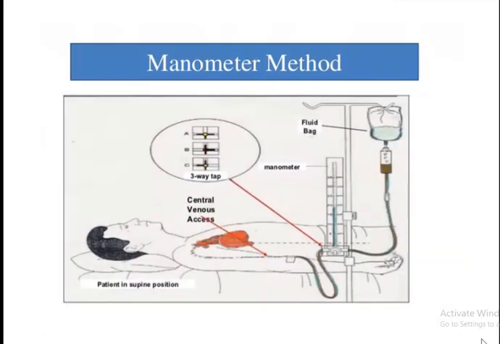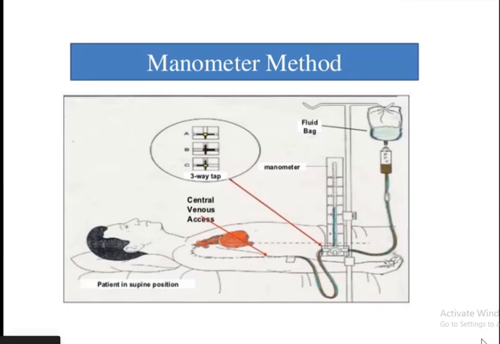Now, we can measure central venous pressure with the manometer method, or with the transducer, the method I have already explained while measuring intra-arterial pressure, which is very simple. Earlier we were all doing this with the manometer method, and still sometimes we use it.